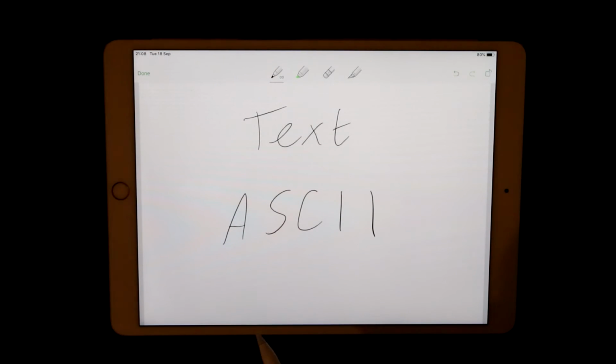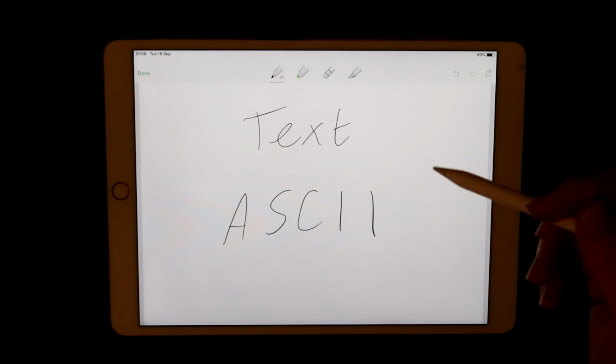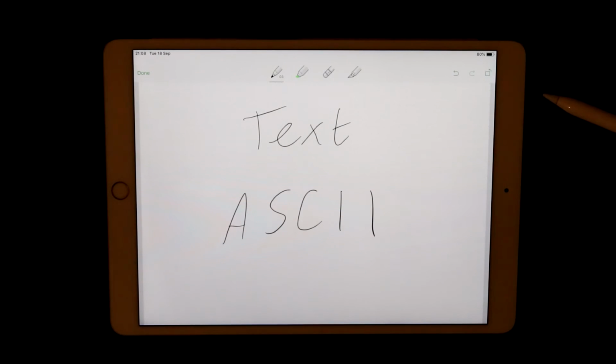It's something like the American Standard something for information interchange. And this is a standard that for every value of a byte, it will map it to a letter or a symbol or something of that ilk.